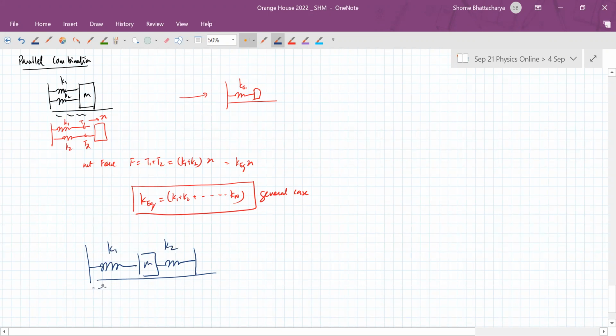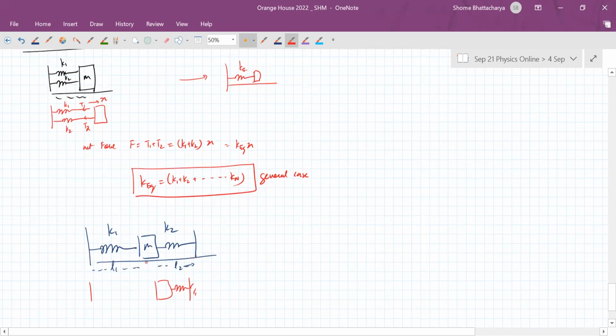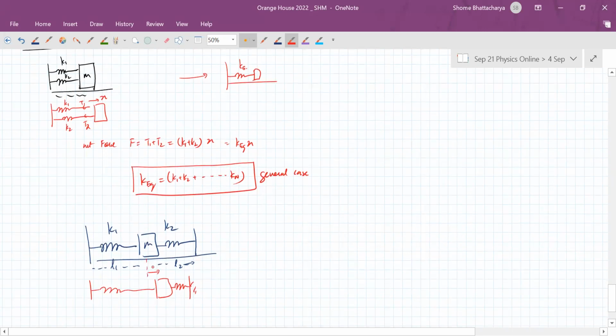If this is of natural length L1 and natural length L2. Now here, if we displace the block by x, you'll see that one of the springs gets compressed while the other one gets extended. So this becomes L1 plus x.